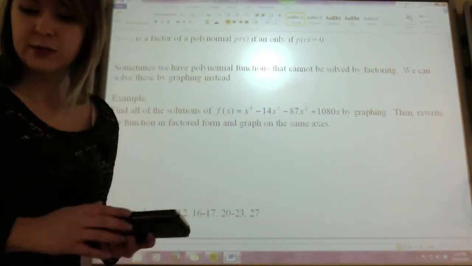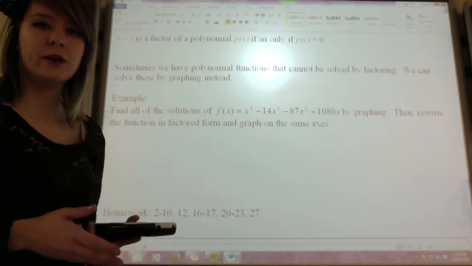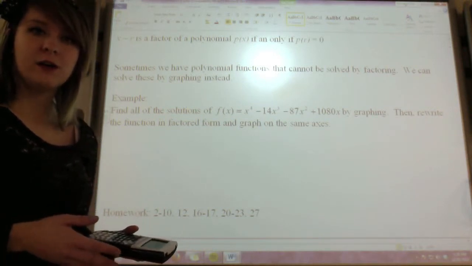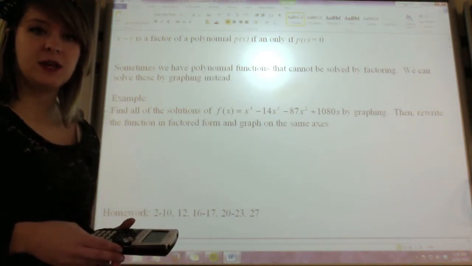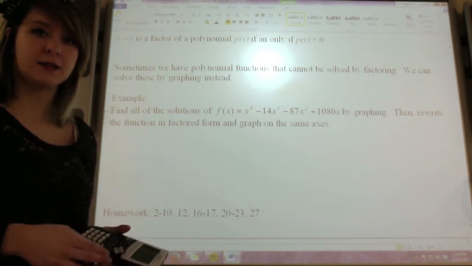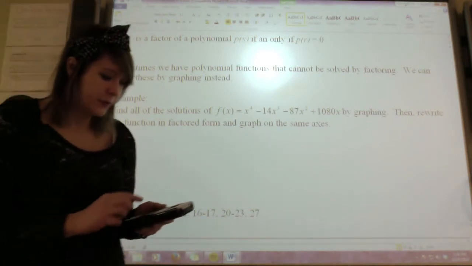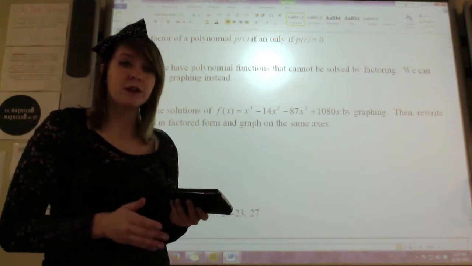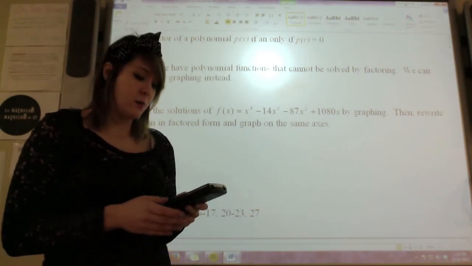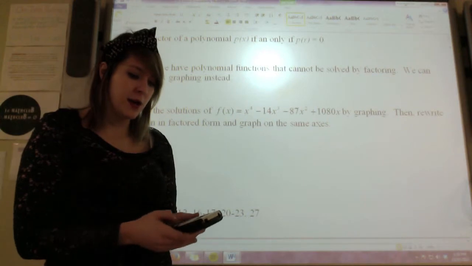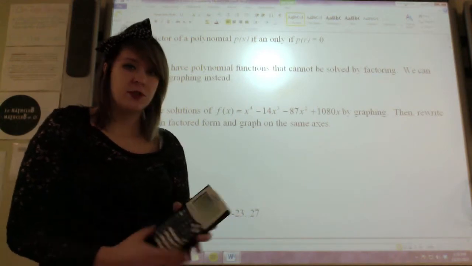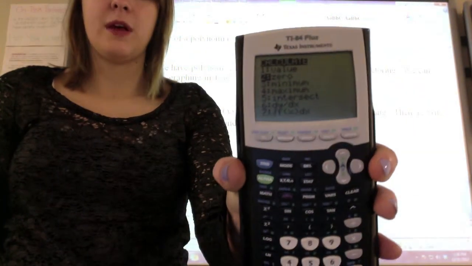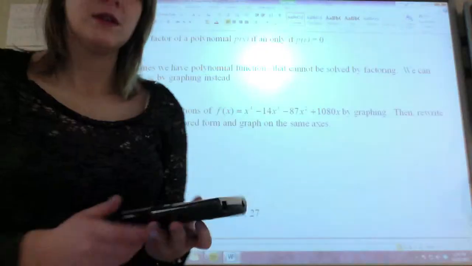Okay, so now remember that what you're looking for in your graph are your x-intercepts, so the places that your graph crosses the x-axis. So if I want to find those x-intercepts, you can do a couple things. You could use table, or you could do second trace, and that number 2 there is 0. Okay, that'll give you the zeros.